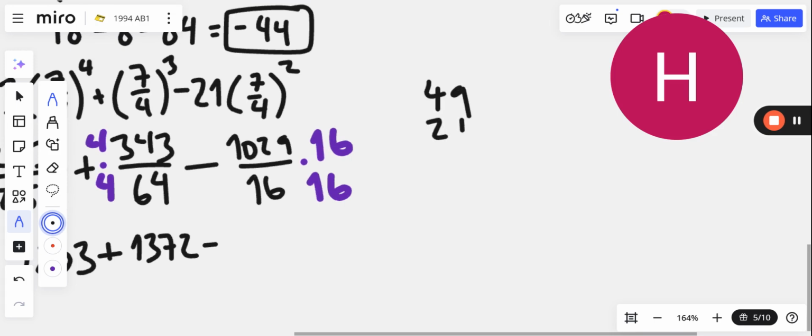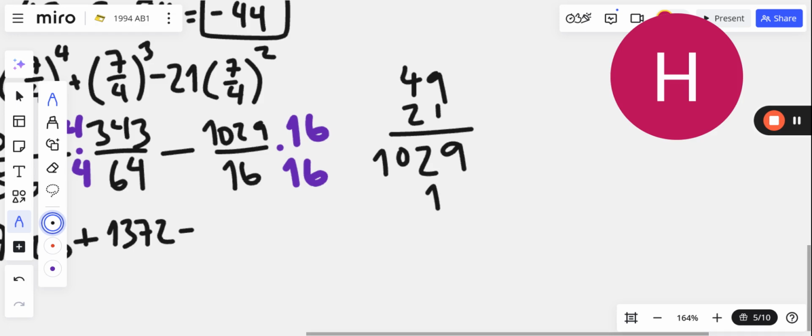Let's do 49 times 21. That was 7/4 squared is 49 over 16. So we're going to multiply that times 21. Let's see, this is 4 plus 18 is 22. 2 is going to be 10. Yep, 1029. And then we're going to multiply this by 16. So let's see, we get a 4. Let's carry a 5.